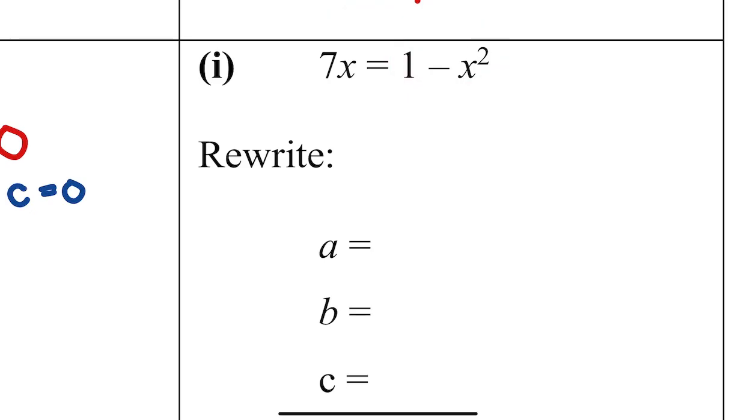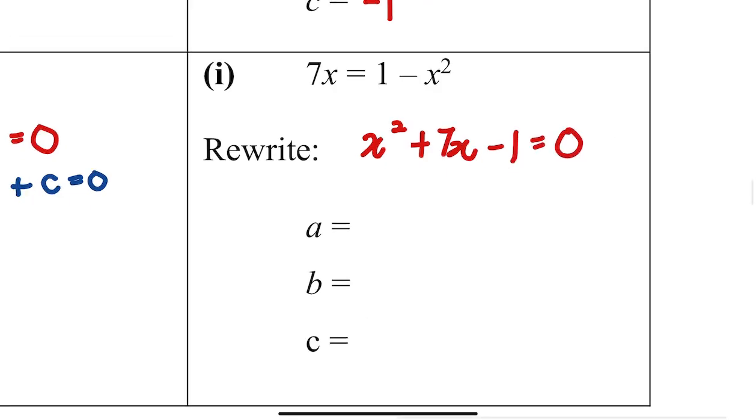Then rewrite this in terms of x squared plus x plus c. Over here I will get x squared, plus 7x, then I subtract 1 from both sides, so minus 1 equals to 0.